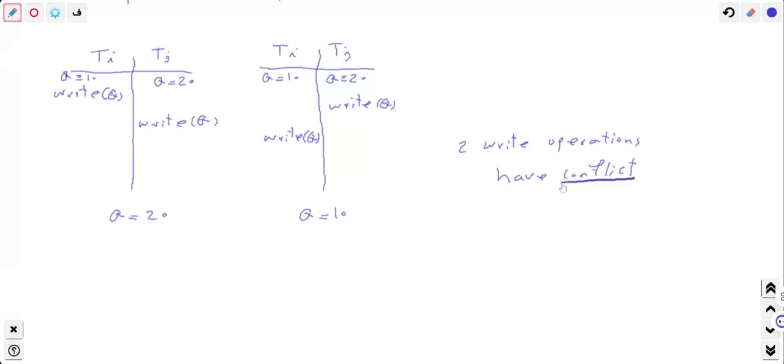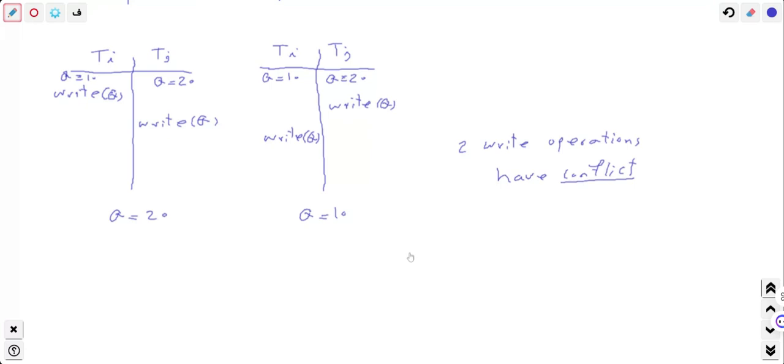So in brief, in summary, we say two operations have conflict if the order of their execution is important, and the final result differs for these two orders.